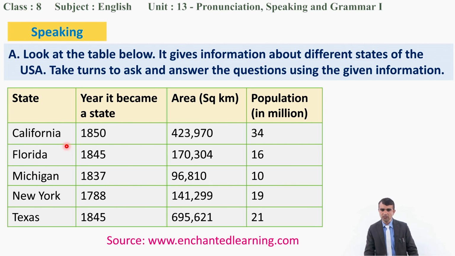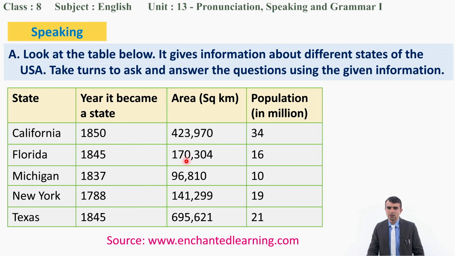Now, year it became a state, when they became a state. Years are given here: 1850, 1845, 1837, 1788, 1845.